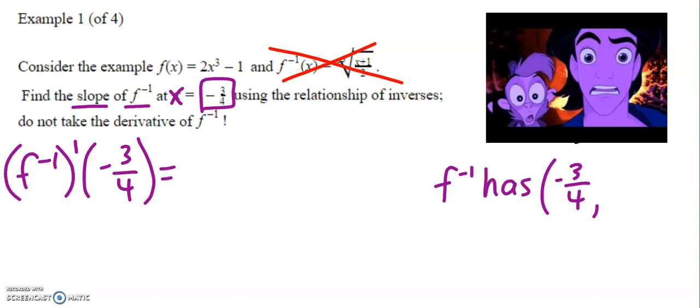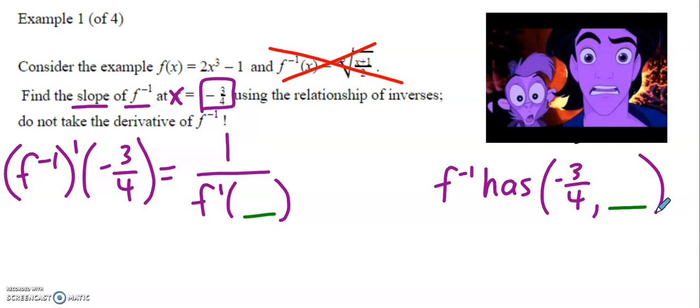Well, if f inverse has negative 3/4, then my derivative is going to be 1 over f prime at whatever this output is. Okay? So f inverse has an input of negative 3/4. I need its output. Well, how can I find that output?